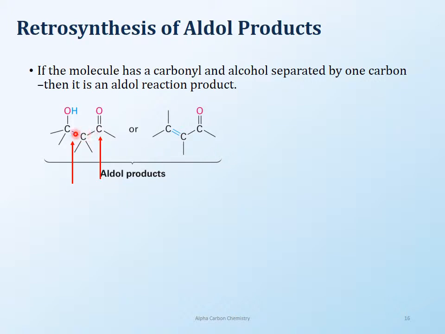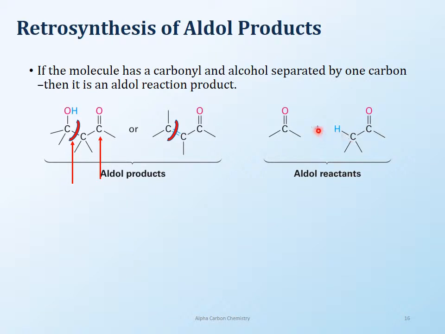So this is the new bond. Once you find the new bond, that's the one you're going to break. Here's your alpha carbon and here's your new bond. That's what you end up breaking, and once you break that, these are the two components that you will end up getting.